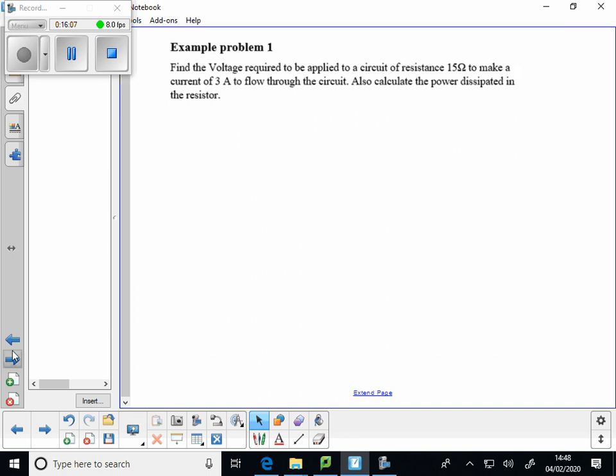Example problem. Find the voltage required to be applied to a circuit of resistance 15 ohms to make a current of 3 amps flow through the circuit. Also calculate the power dissipated in the resistor. Where are we going to start?